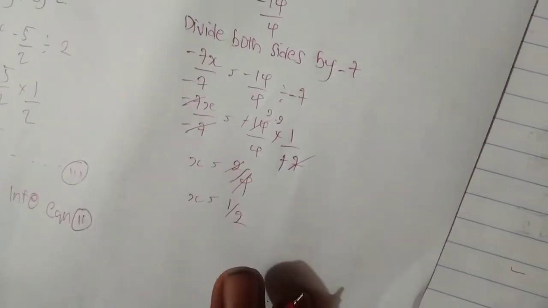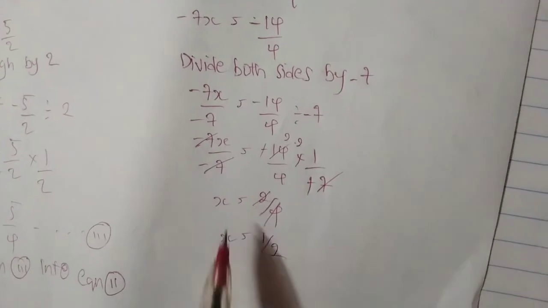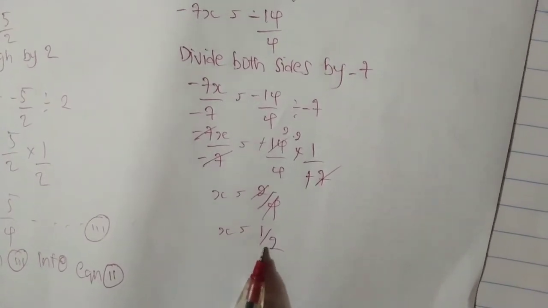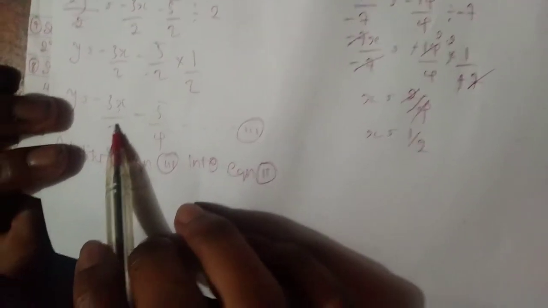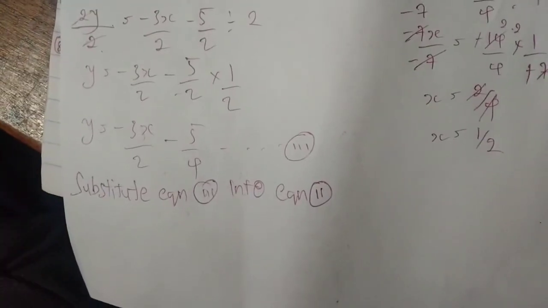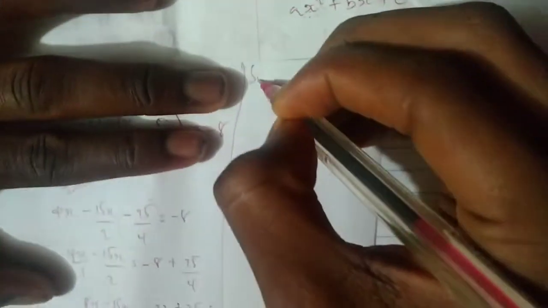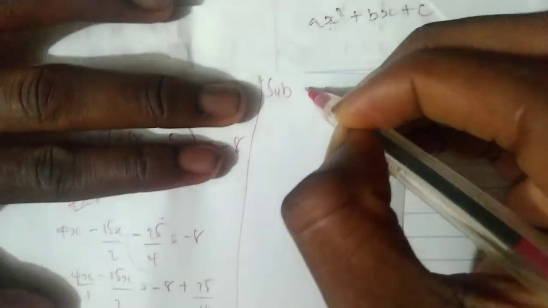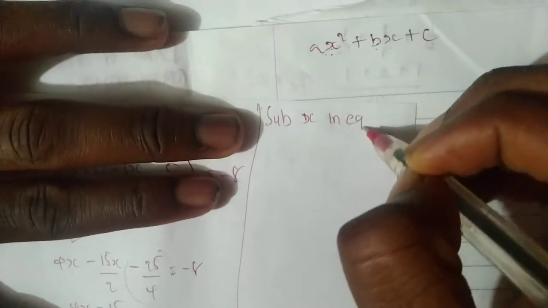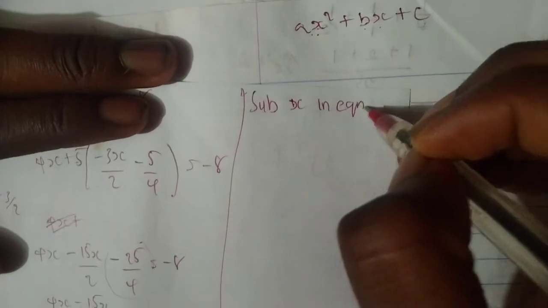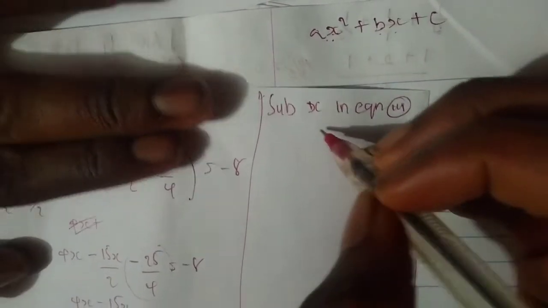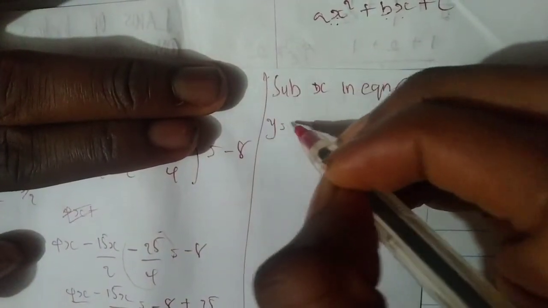So now we need to look for our y. We can substitute our value for x into equation 3. Wow, this is another journey. We get y is equals to minus 3.